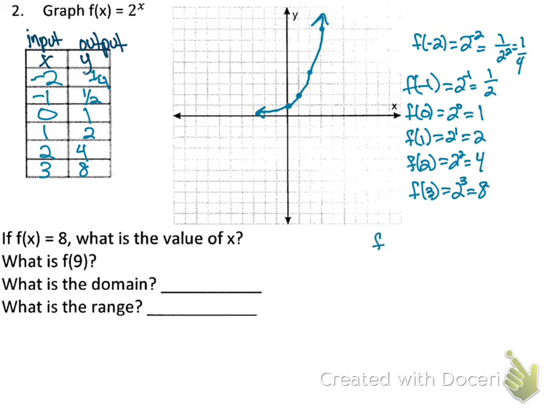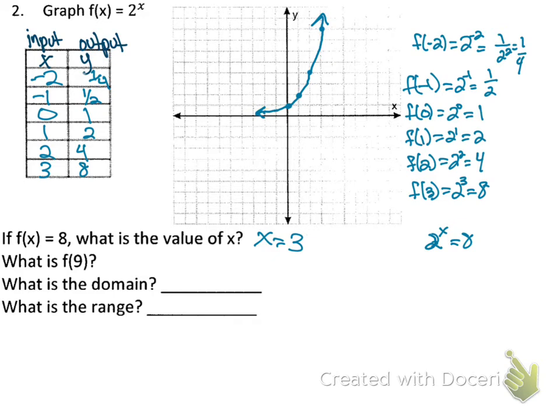So I know f of x equals 2 to the x, and we're going to say that equals 8. Okay, so in my mind, I just kind of erase this part so that I've got 2 to the x equals 8. Well, what is x to get us 2 to the x equals 8? Well, we already did that problem. So we know x equals 3. When x equals 3, f of x equals 8.